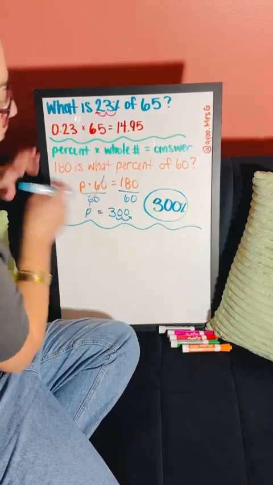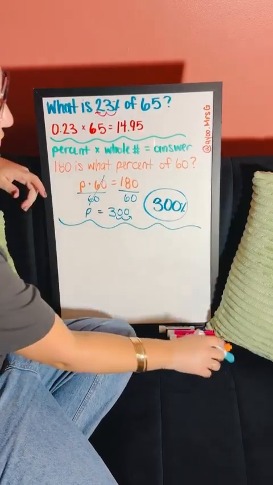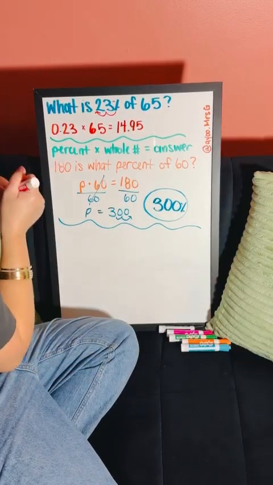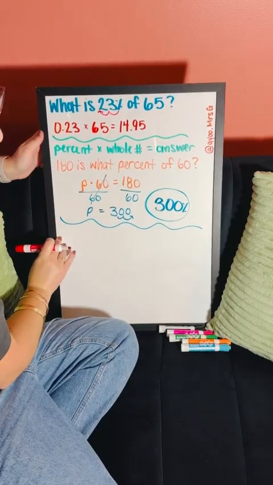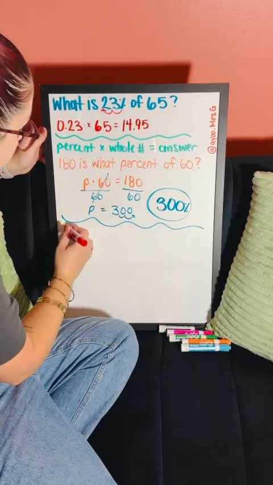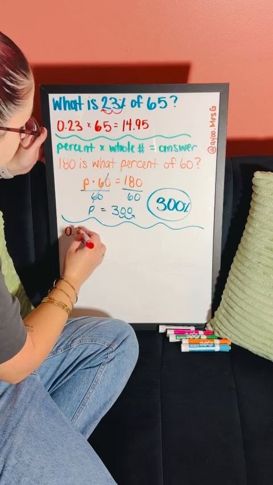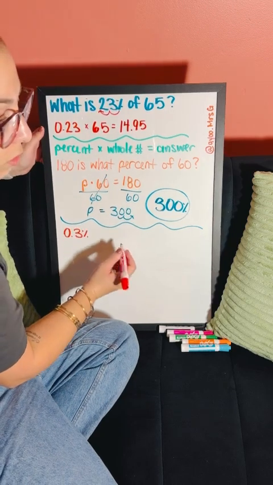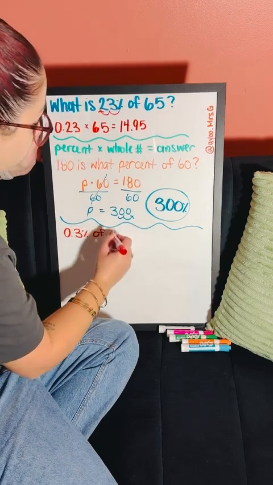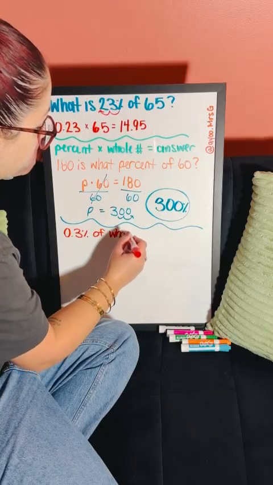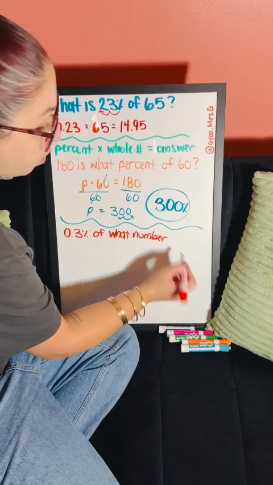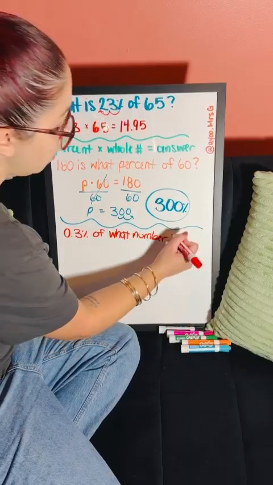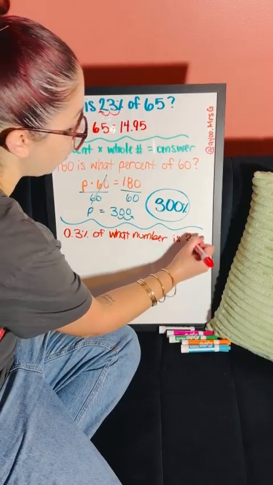And then one other example that we can use it for is if it was said as 0.3% of what number is 24.